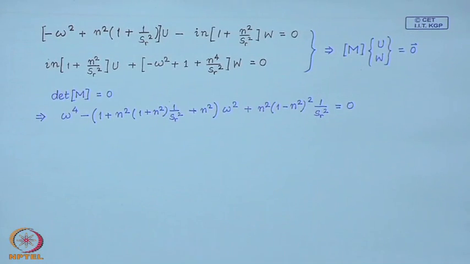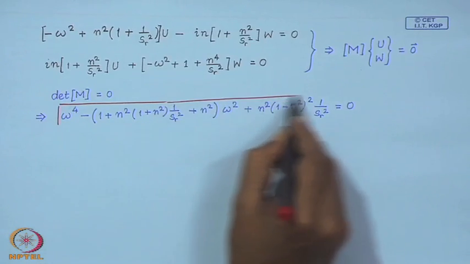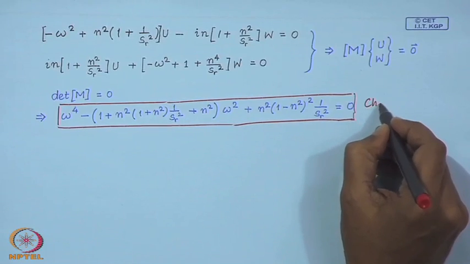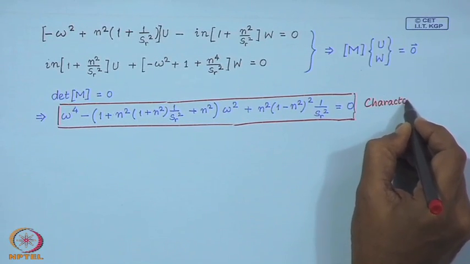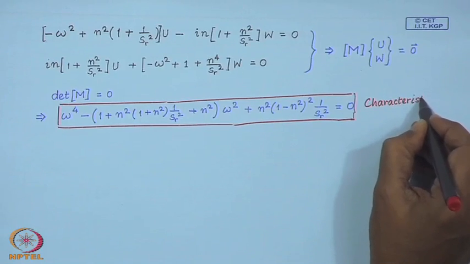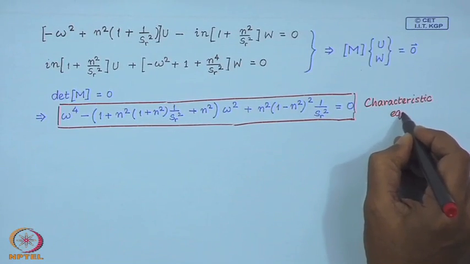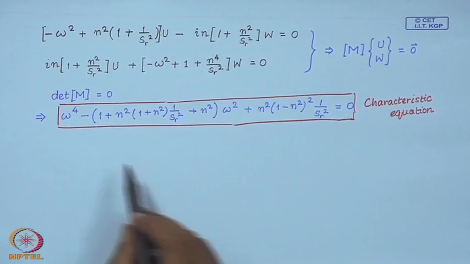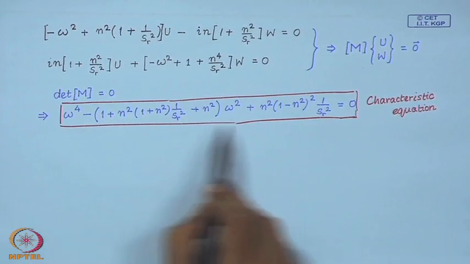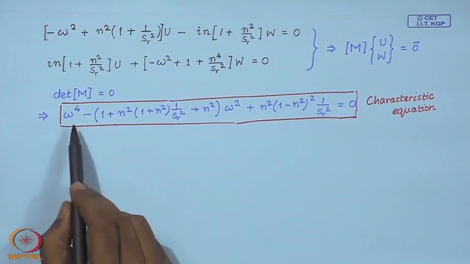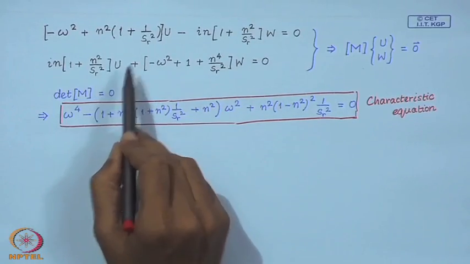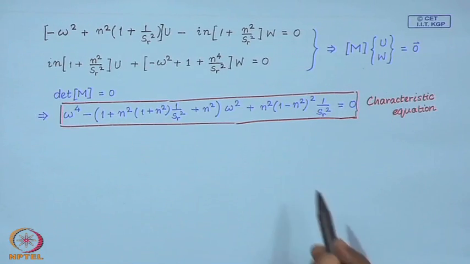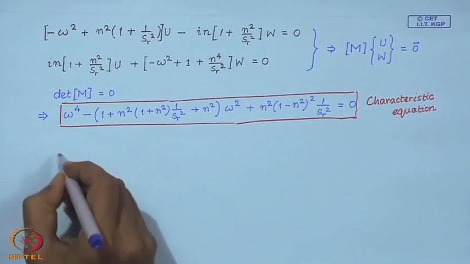So, this is our characteristic equation. Now, we have to solve for omega from this equation, substitute in these two equations and then solve for these eigenvectors u and w, and then we will obtain the eigenfunctions.